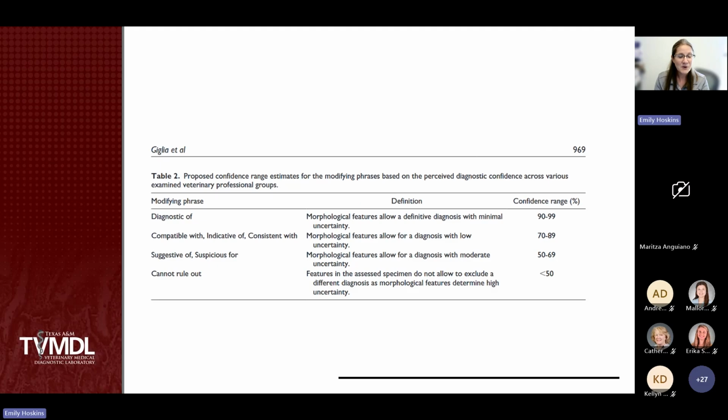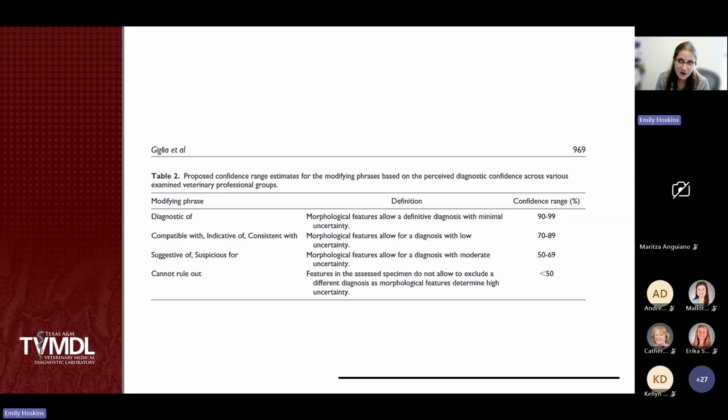This paper was super interesting because this is by no means a standardized practice. We are not trained in residency that this particular modifying phrase means this amount of confidence range. But it did seem like when they did this paper that there certainly were certain tendencies.